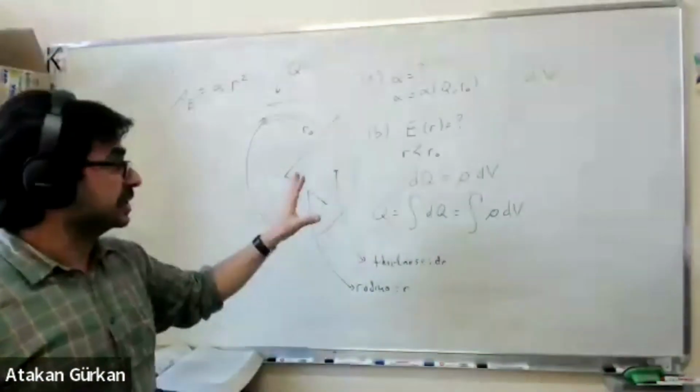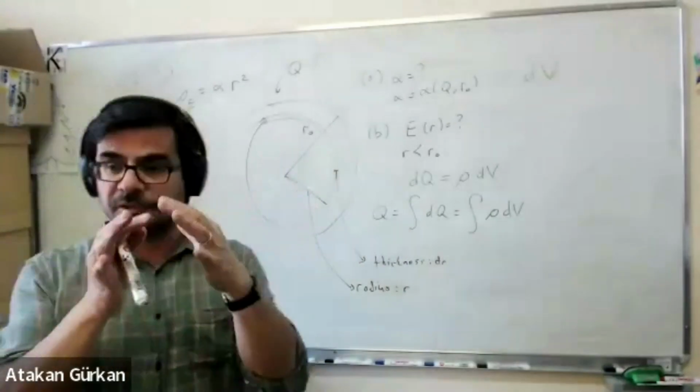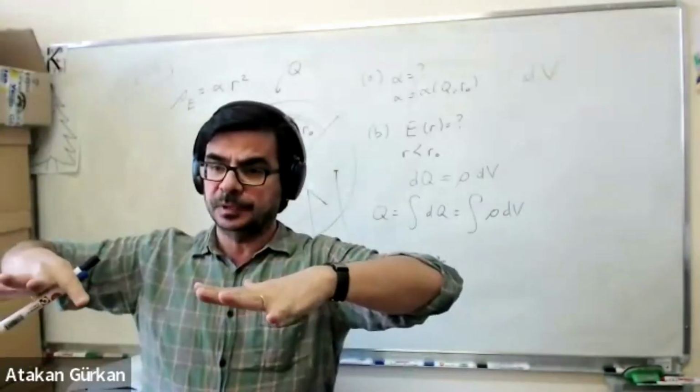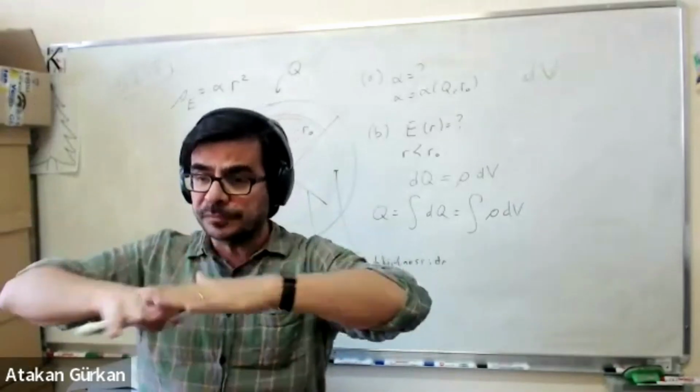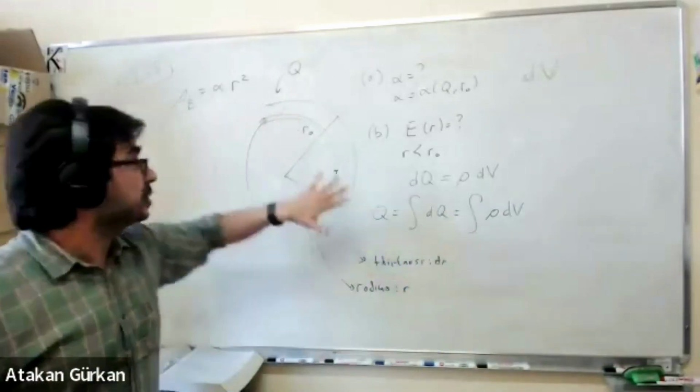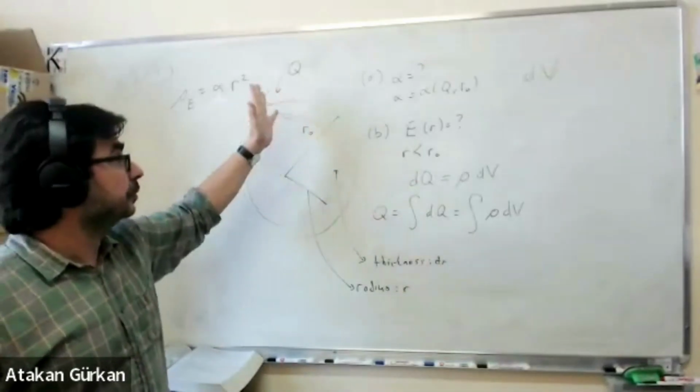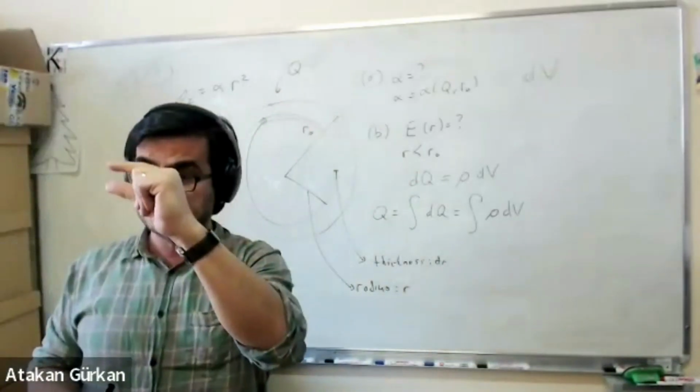Something similar here. I take my spherical shell, I open this up, and it becomes like a slab. There's a surface area of the slab, which is just the surface area of the spherical shell, and a thickness of the slab, which is just dr.